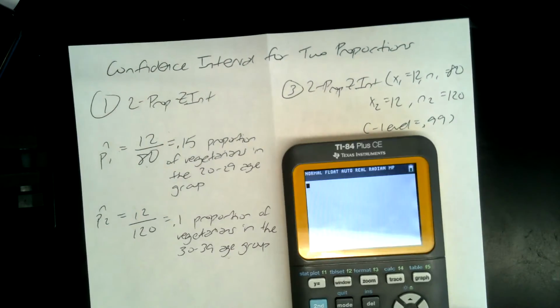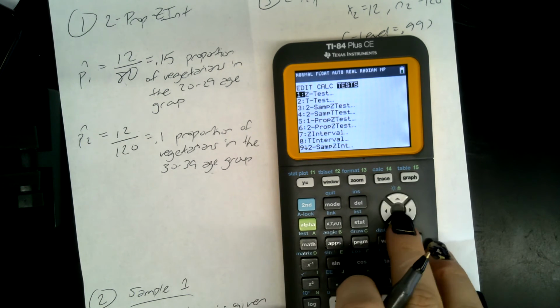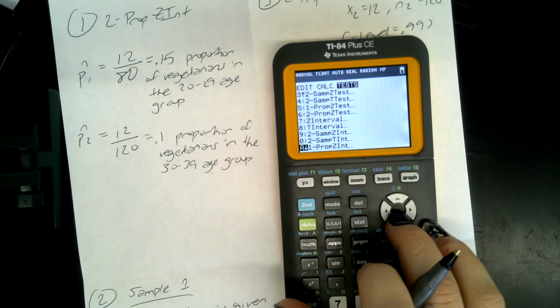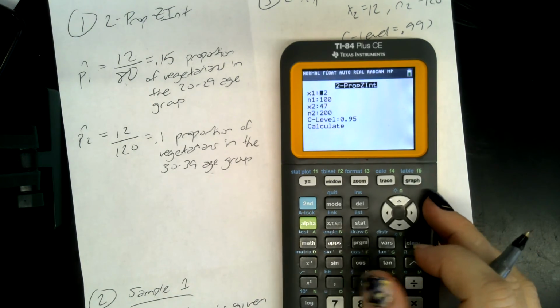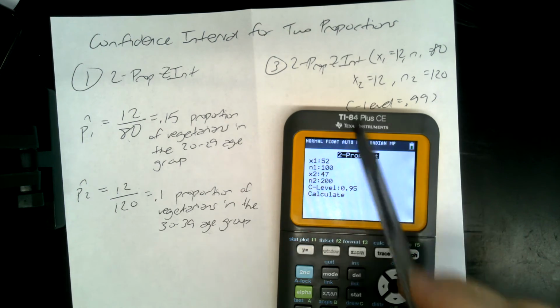I'll put that in my calculator. Go to stat, test, all the way down to B. A 2-prop Z int, right? It should match those. 2-prop Z int, matching.